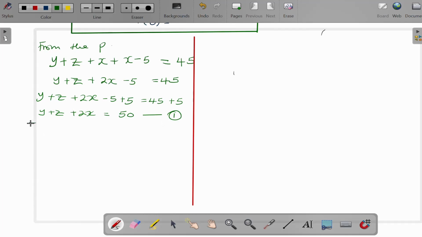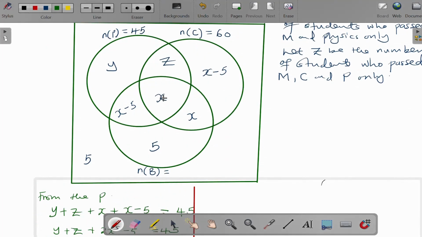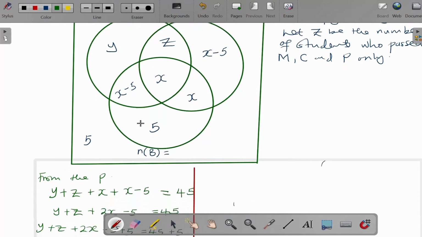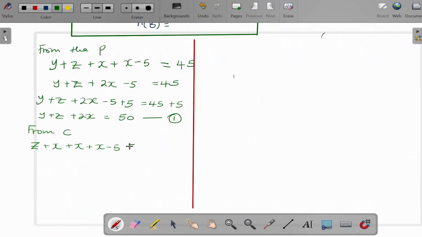Then still from the next set, that is the set of chemistry, still we sum up. We are summing up Z plus X plus X plus X minus 5 equal to 60. Let's check. Yes, we have that, equals to 60. Let's simplify.